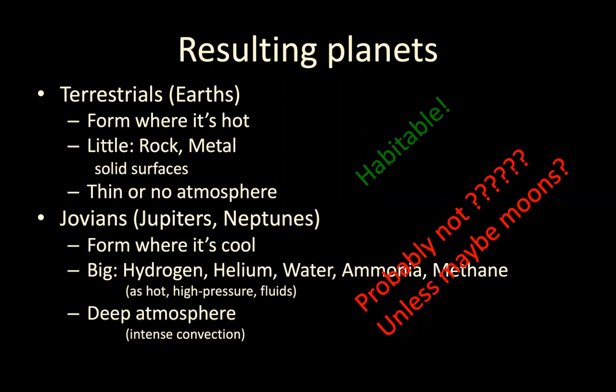Jovian moons may be a different story. And in our system, all the Jovians have extensive moon systems that share enough terrestrial properties to at least be speculative long shots for habitability.